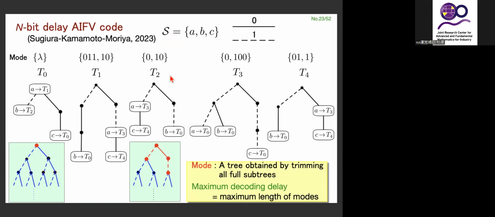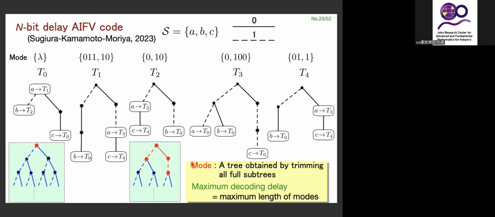In the case of code tree T2, which has 0 and 1, 0 is the mode of T2. In the case of T0, only the root remains, so the mode of T0 becomes a null sequence lambda.